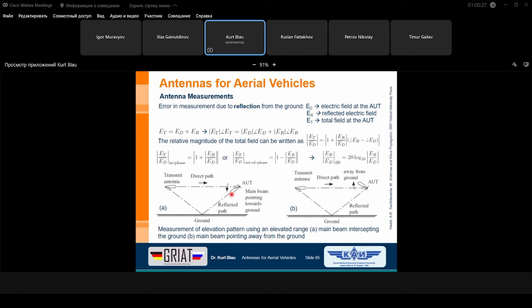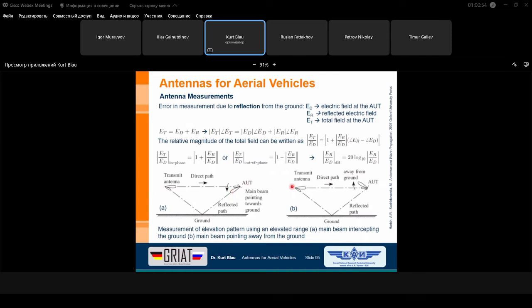So we can have the problem that in a special case, the main beam of the antenna under test looks directly in the reflection path of this wave reflected on the ground. And so our measurement result is worse.